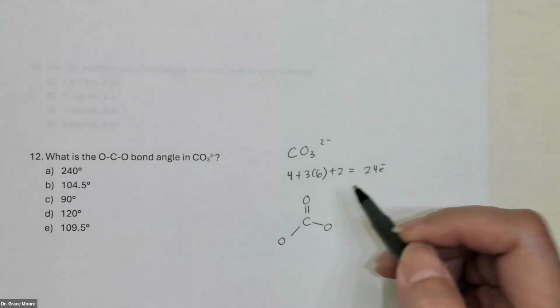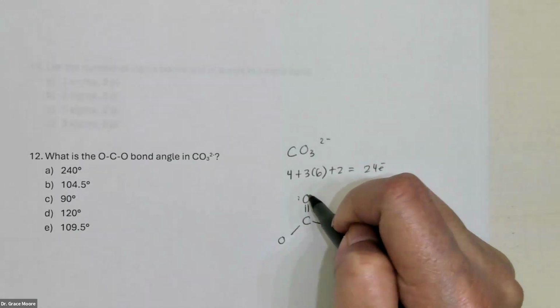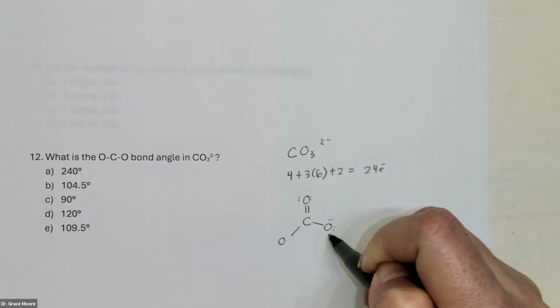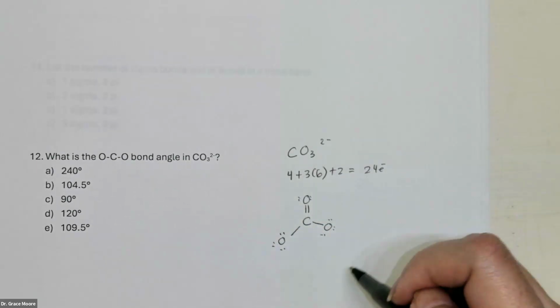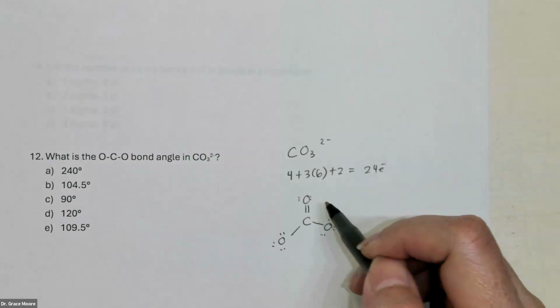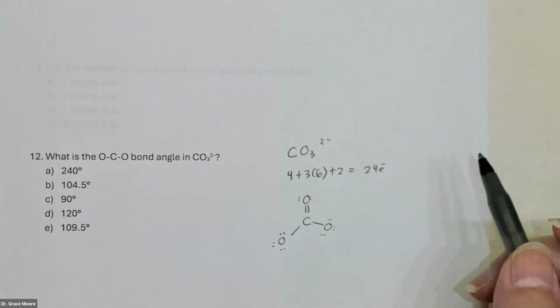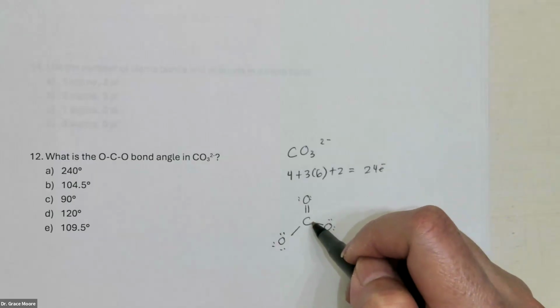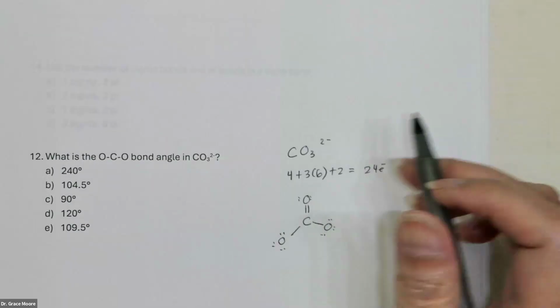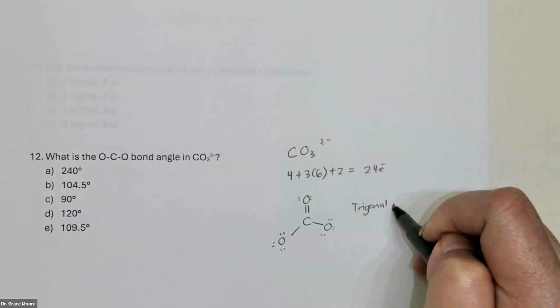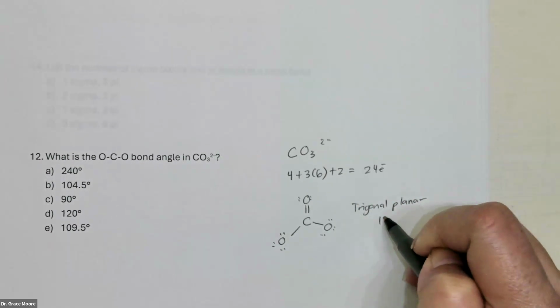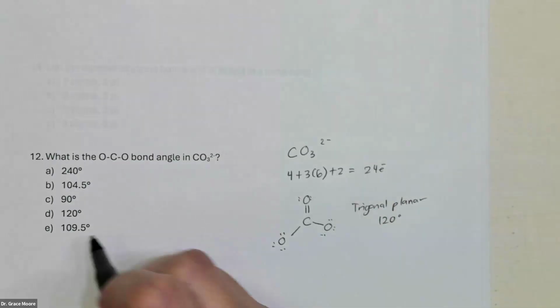We need only 24, so we have to put one double bond in, and we'll have to draw a resonance for each kind. But since we don't really have to worry about resonance drawing, we just want to know what structure, geometry it is. You can tell here that this is going to be 3 groups on the carbon, and there's no lone pair, so this is going to be a trigonal planar geometry where the bond angle is 120 degrees.